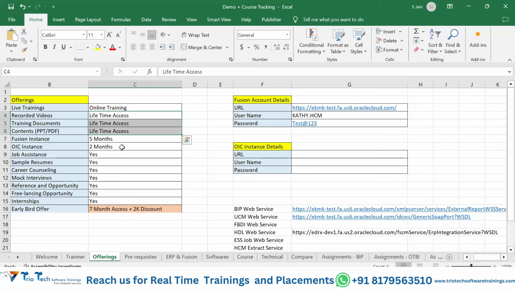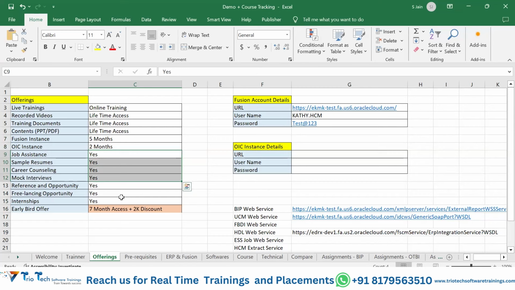You will be provided with Fusion instance access, which is not a refreshable instance. Once you get your credentials, you hold them for the next 5 months minimum. That means whatever you practice, configure or build will remain in your instance. We will also provide job assistance, sample resume, career counseling, and mock interviews conducted in our Hyderabad center.